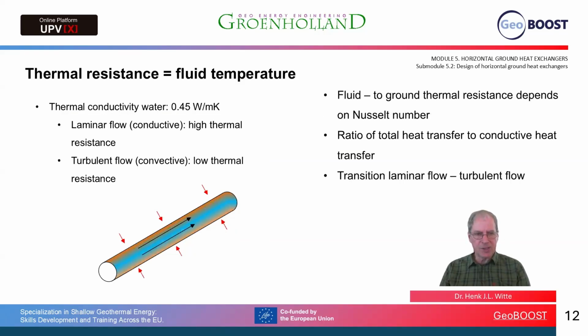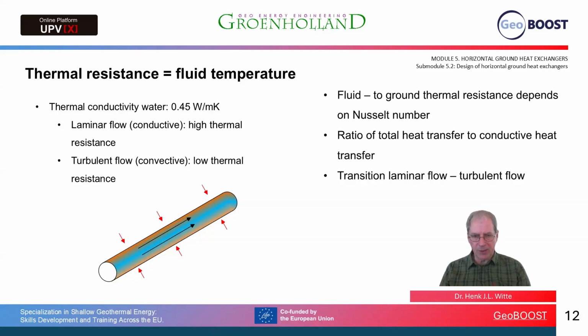Basically, the thermal resistance gives us the fluid temperature, and it depends on different things. The heat transfer in the fluid flow in the pipe depends to a large extent on what's called the Nusselt number, which gives us the ratio between the total heat transfer and conductive heat transfer compared to convective heat transfer.